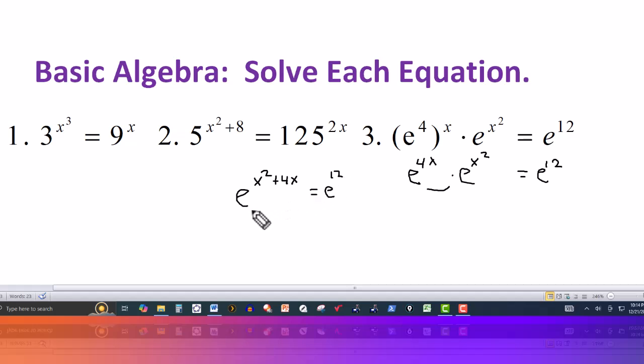Now I have the same base on both sides here. So the only way I can have equality here is if these exponents are the same or equal. So x squared plus 4x has to equal 12.